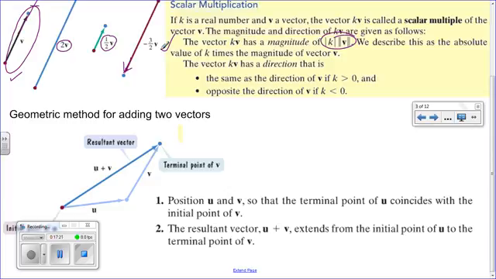Okay. All right. So when you add vectors, just draw right here vector u and vector v. Just draw those 2. Imagine that this one is right here, the dark blue one. So draw that one, vector u, and then right here, vector v.